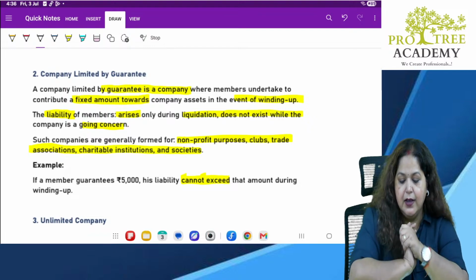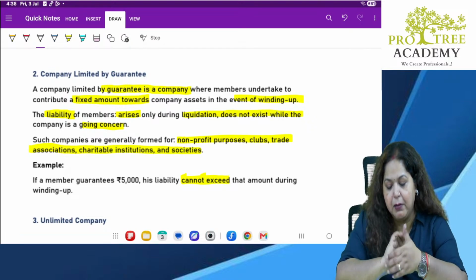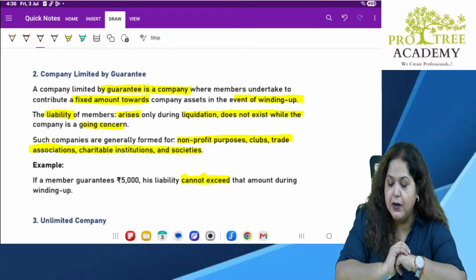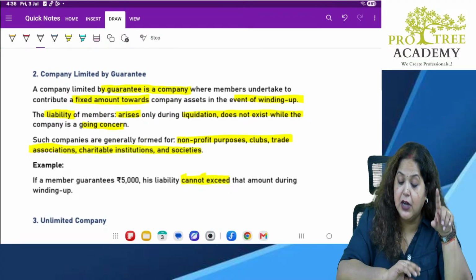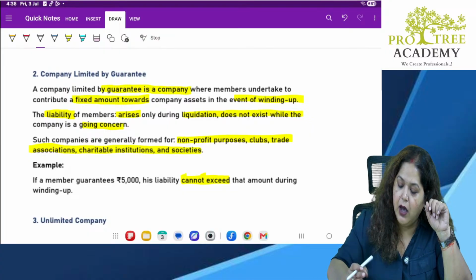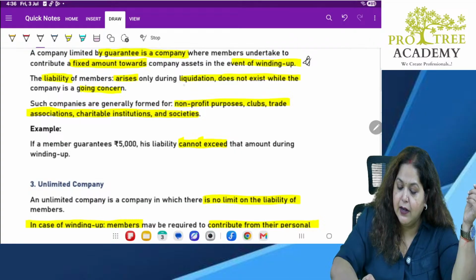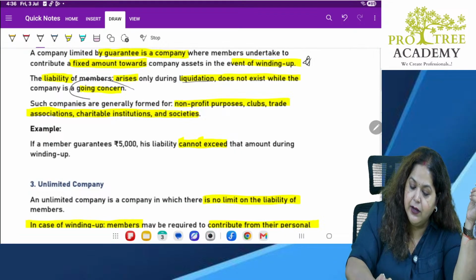A company limited by guarantee is a company where members undertake to contribute a fixed amount towards company assets in the event of winding up. The liability of a member arises only at the time of liquidation. It doesn't arise while the company is a going concern.